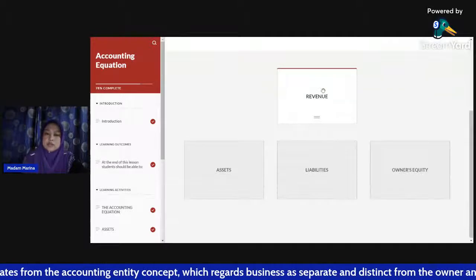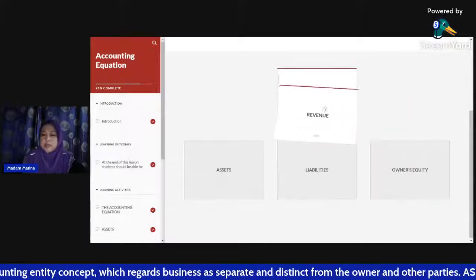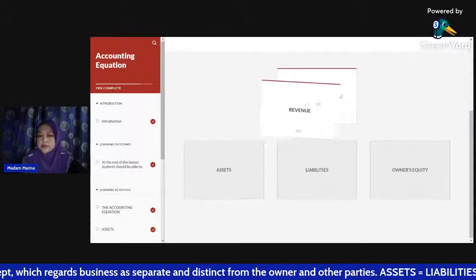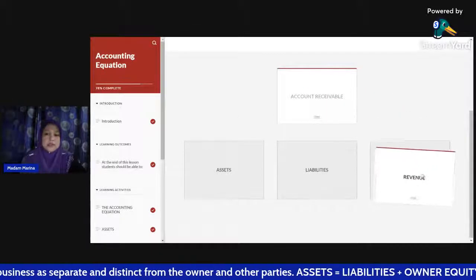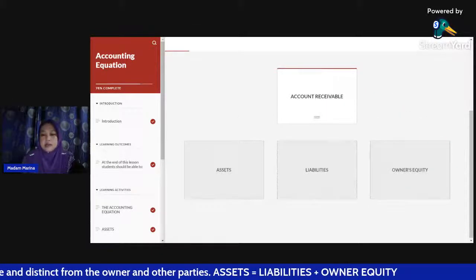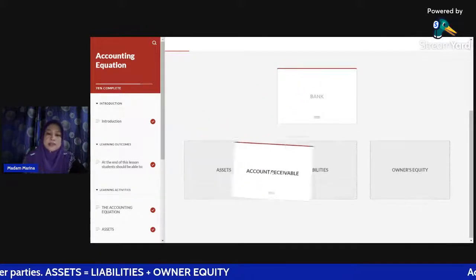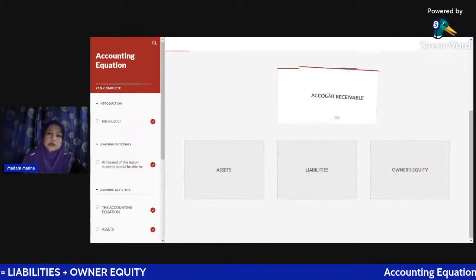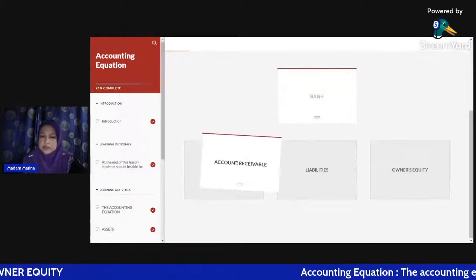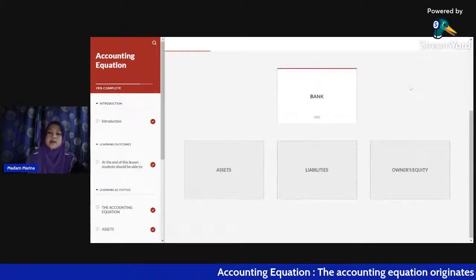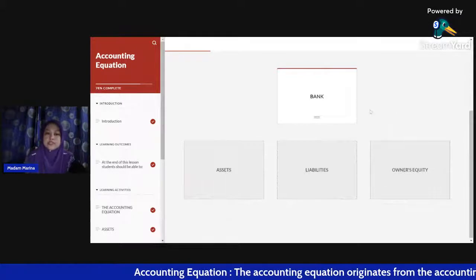For example, revenue. Revenue falls under what category? Revenue is under equity. Correct or not? Okay, correct. Account receivable is under what category: asset, liability or equity? Account receivable is a current asset. Okay, asset. So continue to do this activity.